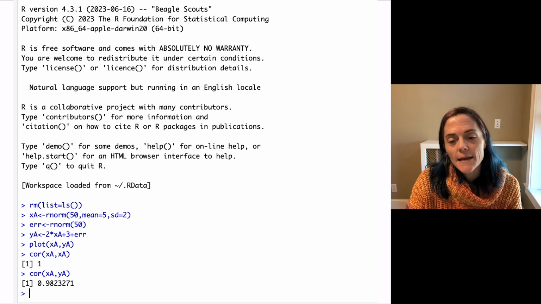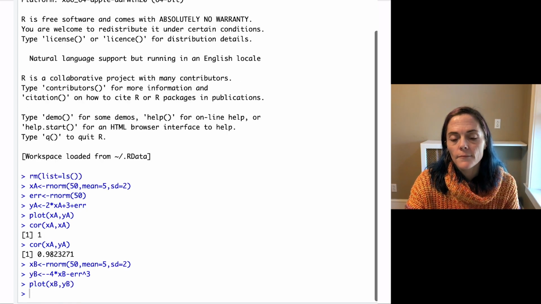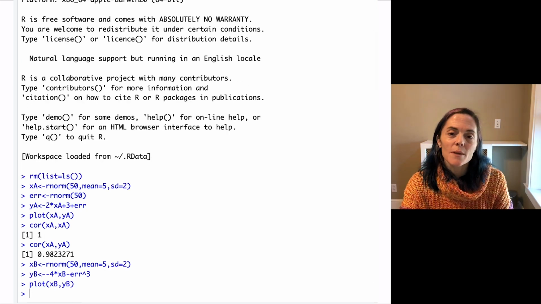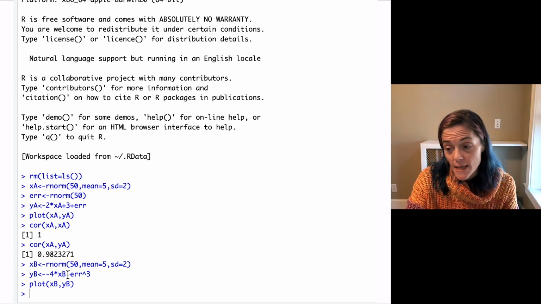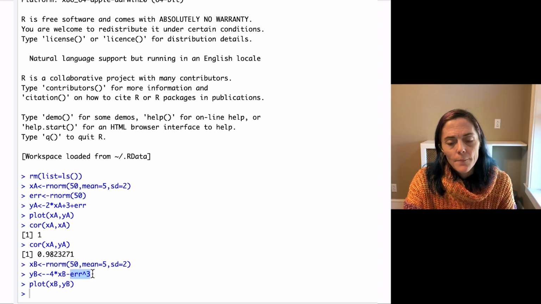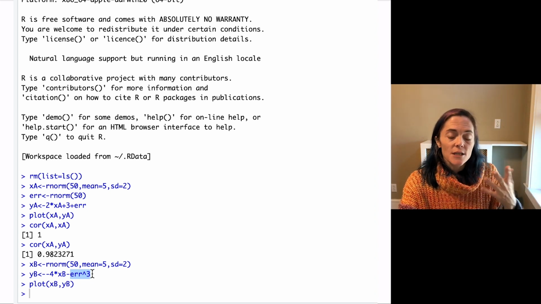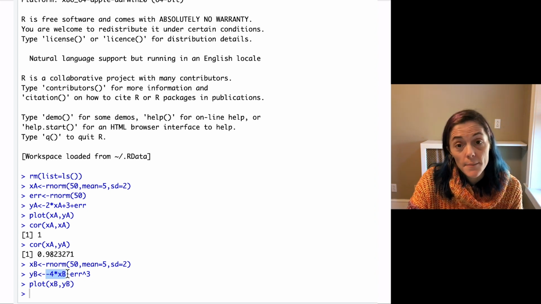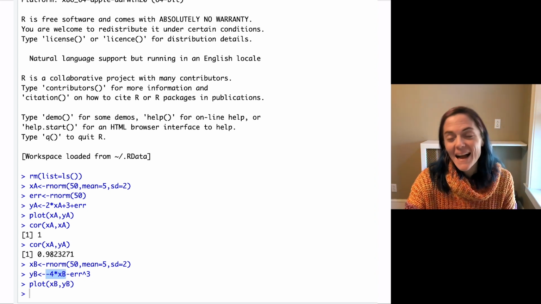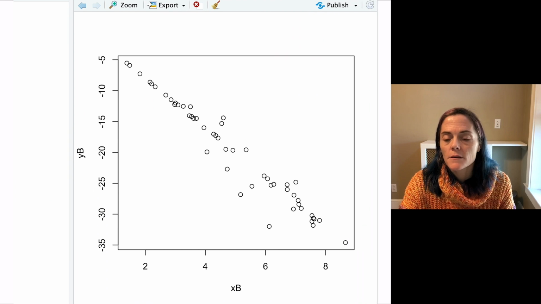Let's do another example. Example B. The x's come from the normal distribution, mean 5, standard deviation 2. Now I kept my same error vector, but I just changed it a little bit. I took the cube of each value, so I get a little bit different error. And then my y, I take minus 4 times x, minus this new error vector.